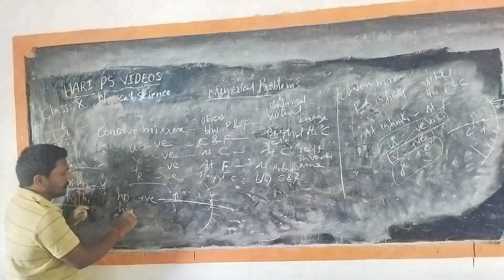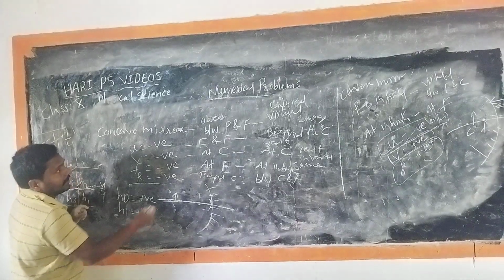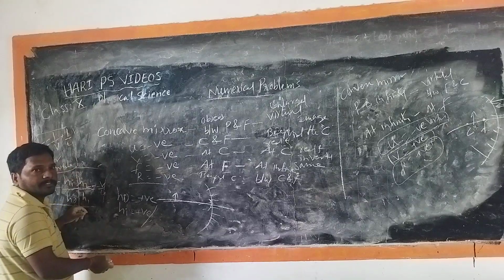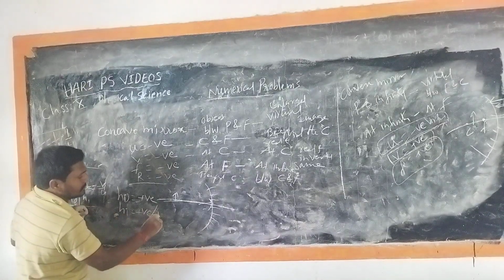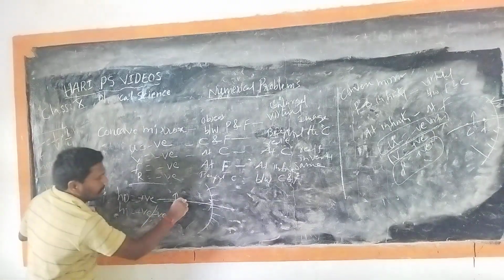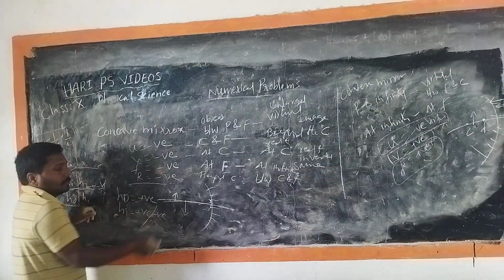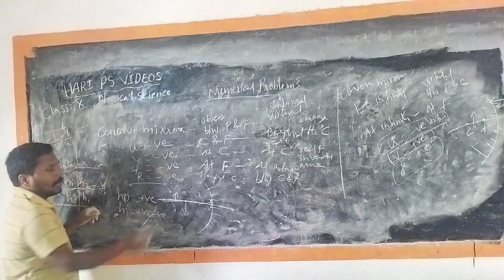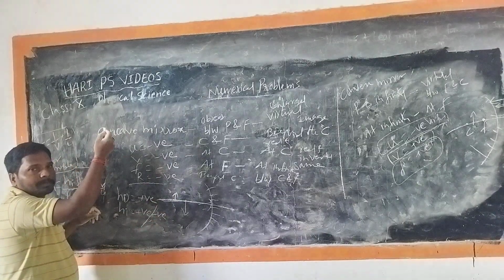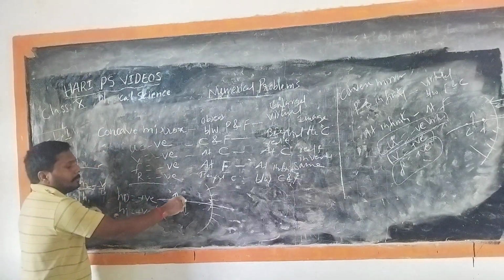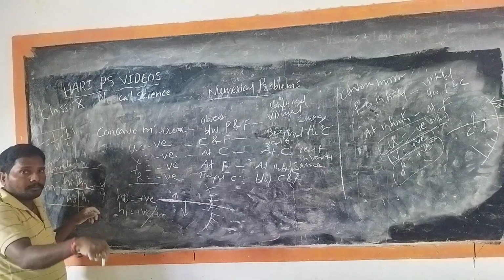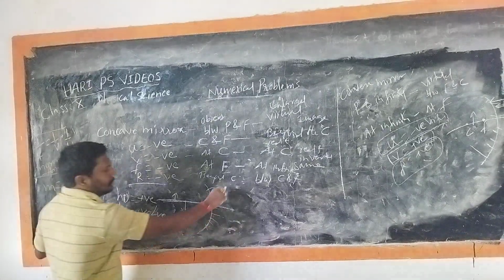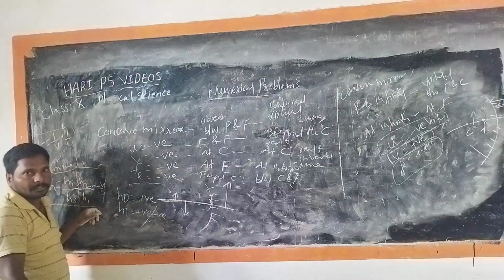Height of the image is positive in case of virtual image formation. In all remaining cases it is negative because it forms down to the principal axis. Object is always above the principal axis, so positive. Image is negative down to the principal axis, except virtual image formation.